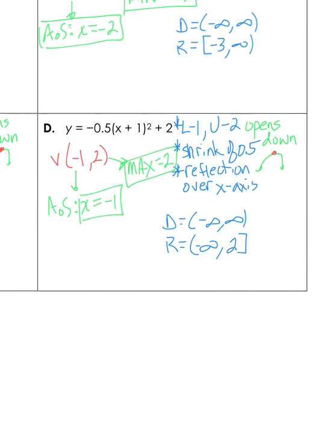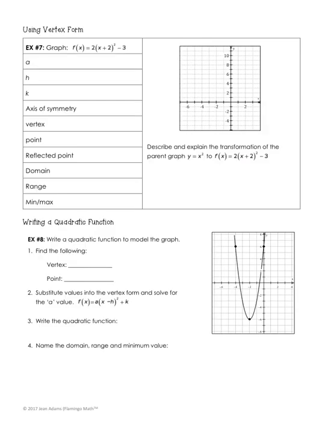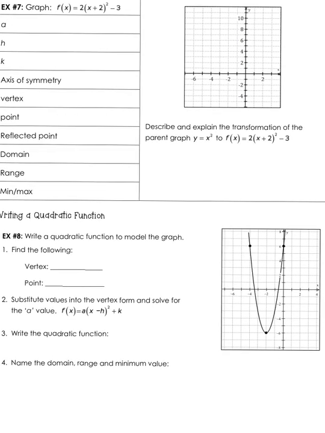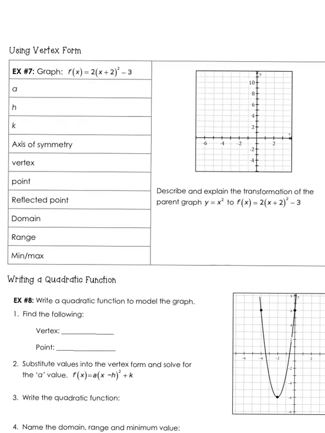All right, the last two questions. So let's look at question 7. So if you were to graph this, you do have a left movement of 2 and a down movement of 3, but because of this stretch, we're going to need to use a table of values.